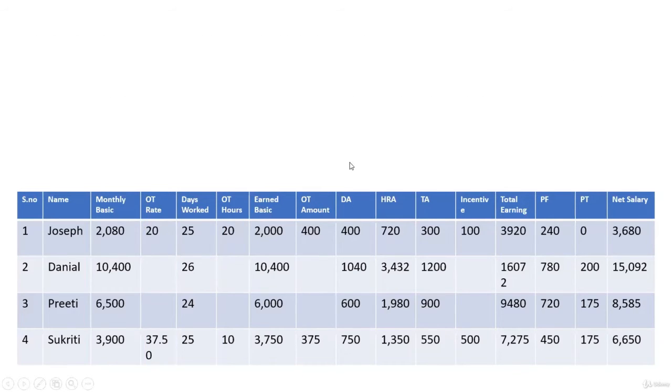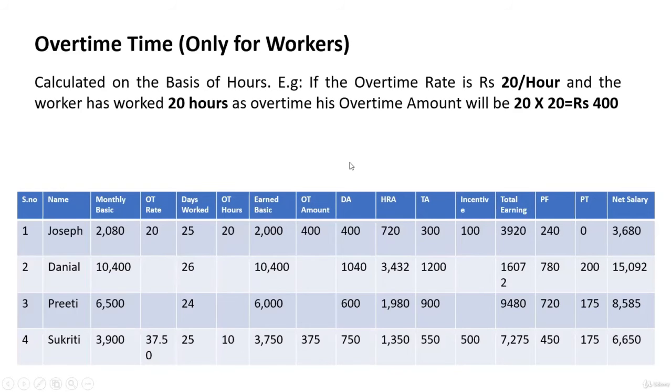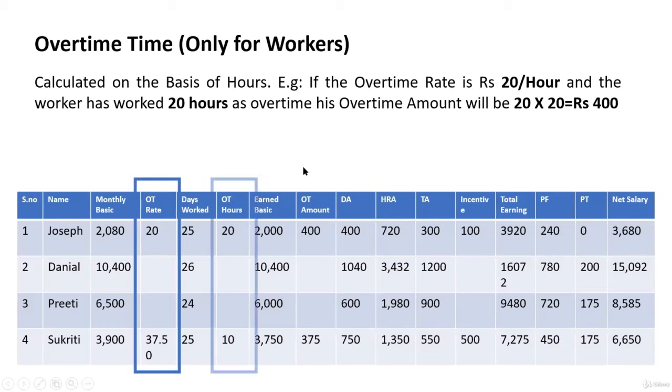Now the next point that comes here is the overtime wages. As I told you, overtime wages are applied for the workers only. So here we had calculated the overtime rate that is provided by the company: 20 rupees per hour for Joseph and 37.50 rupees per hour for Sukriti. So how much have they worked for overtime?